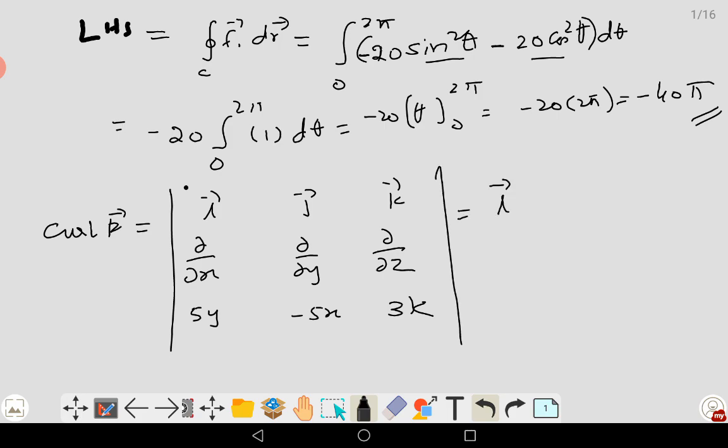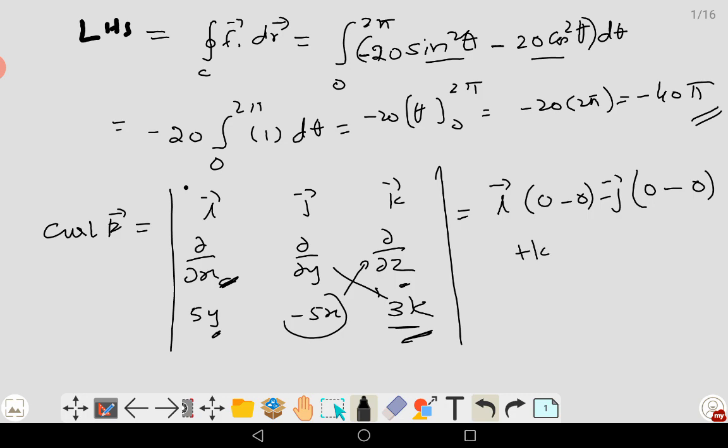The i component: differentiating with respect to y gives 0, with respect to z gives 0. The j component is 0 as well. For the k vector, minus 5 derivative with respect to x is minus 5, minus, and differentiating 5y with respect to y gives 5.